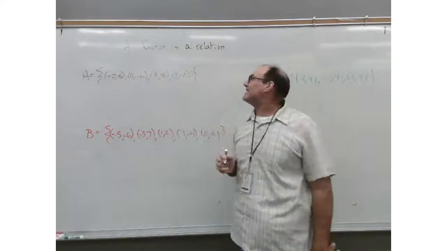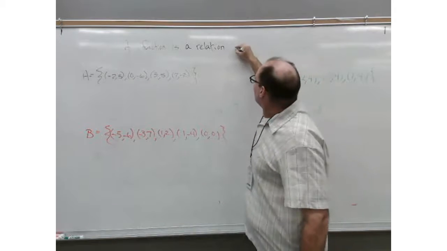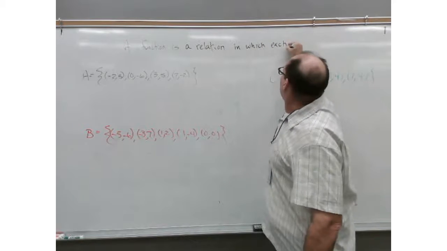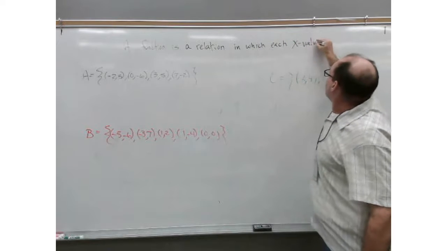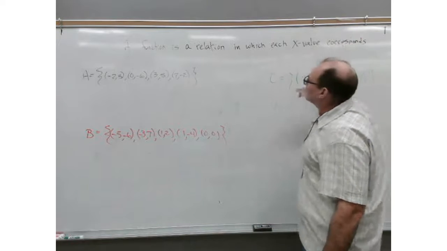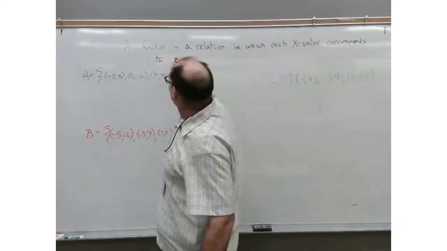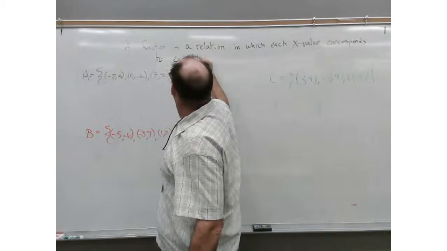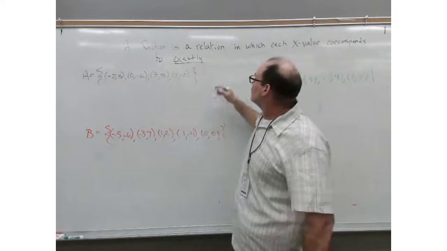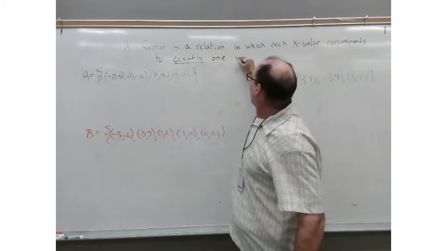So a function is a set of ordered pairs in which each x value corresponds to exactly, and underline that because that's the key word in this definition, exactly one y value.